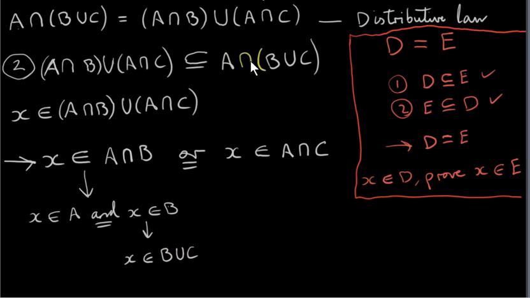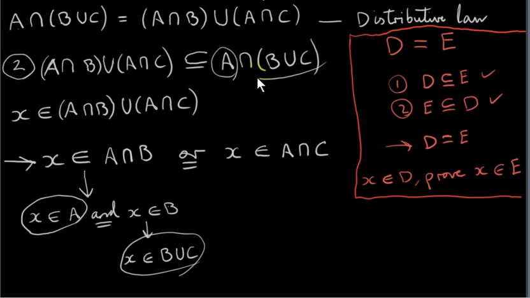But now we've proven that X is in the right hand side, because we've shown that X is in set A, which is this set here, and we've shown that X is in set B union with C. So X is in both of these sets, which means it must be in the intersection. So that tells us that X must be in the intersection of these two sets, A intersecting B union with C. So that's the consequences of X being in A intersecting B.